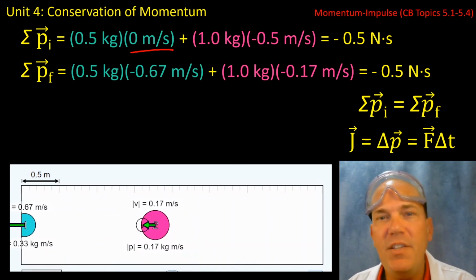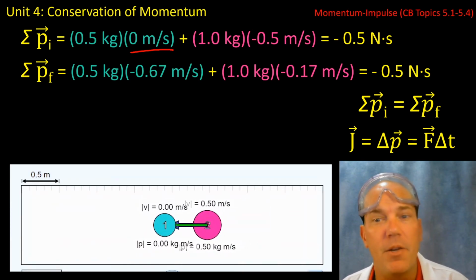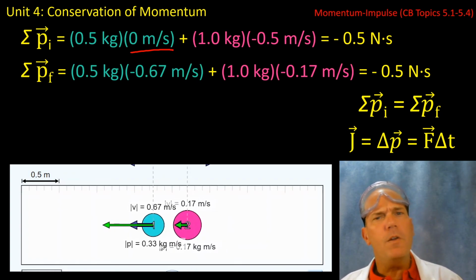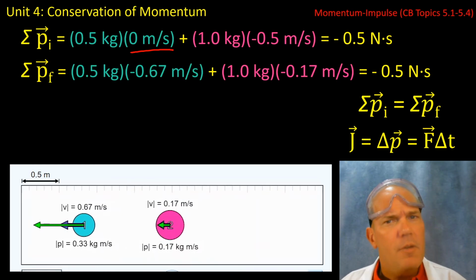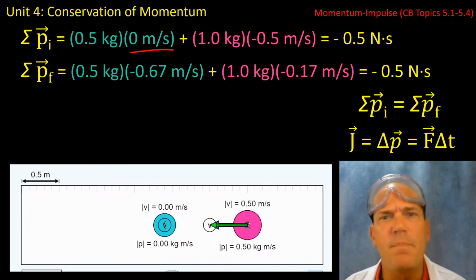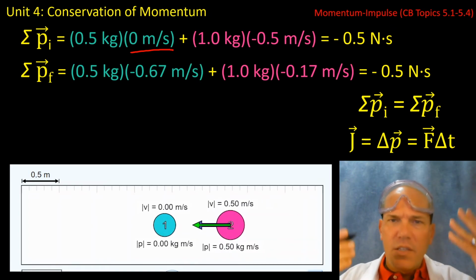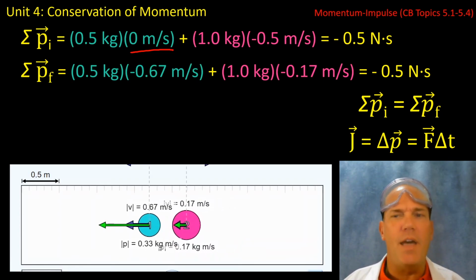Let's look at the magenta ball. It was initially moving to the left at 0.5 meter per second. However, now it's moving to the left, but look at the magnitude of its velocity. It is greatly diminished from 0.5 meter per second to the left to now 0.17 meters per second to the left.